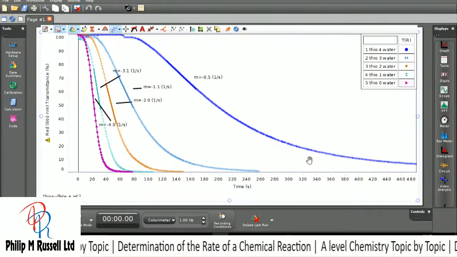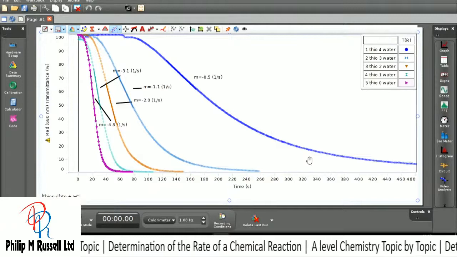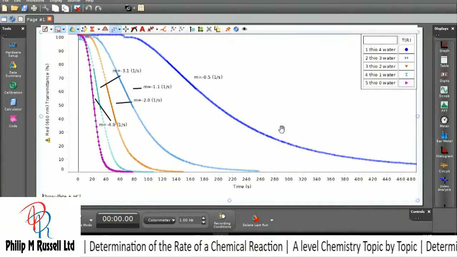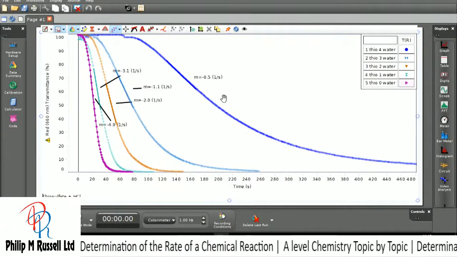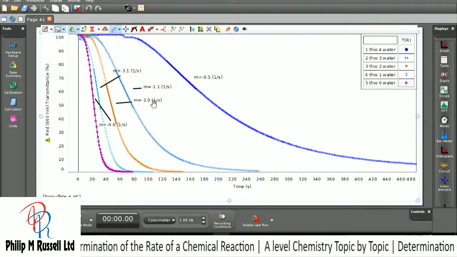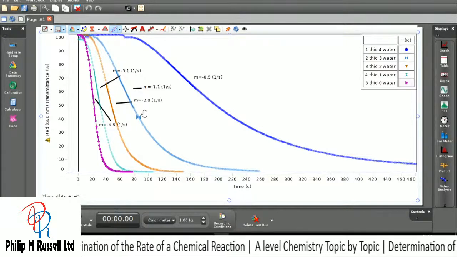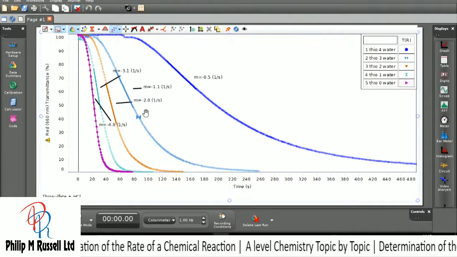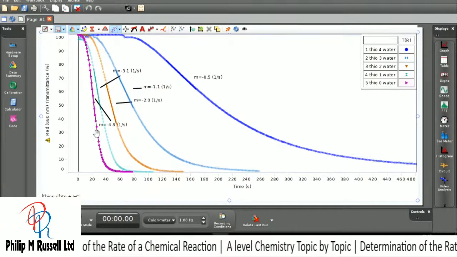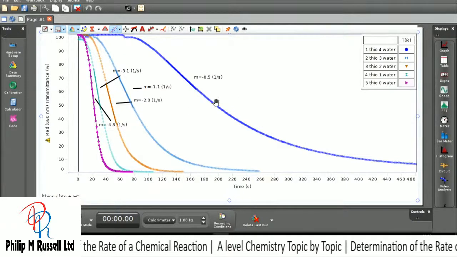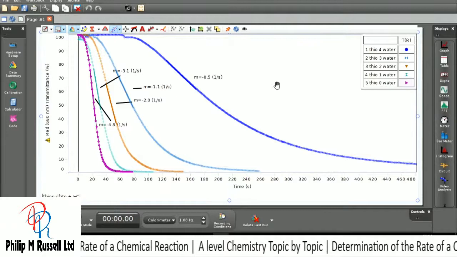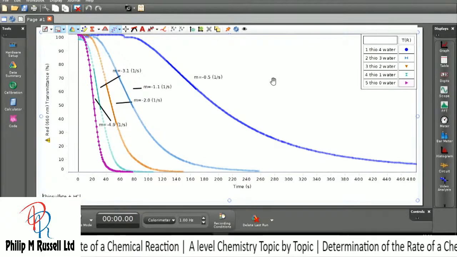So the long blue line is the first experiment that I did, where the mouse cursor is. That is using the weakest solution, and then here slightly stronger, that's the 2, the 3, the 4 and the 5. So I have now got my measure here of what's going on in the reaction.